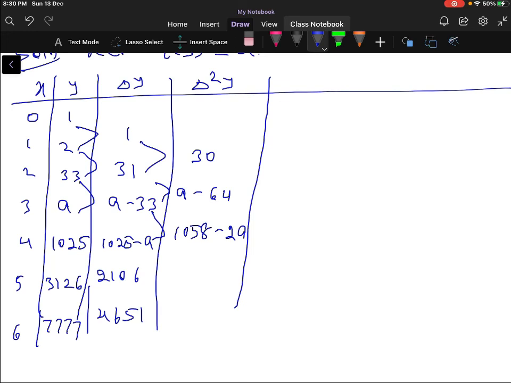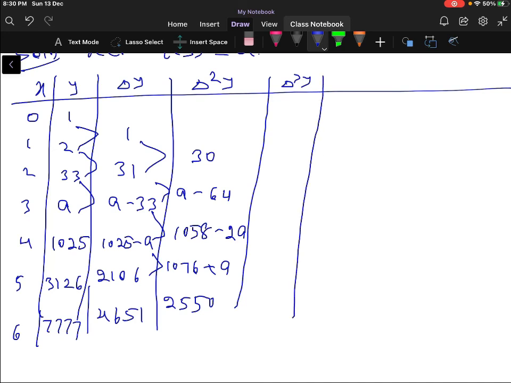Difference of 2106 and 1025 minus a, that is 1076 plus a. So the next difference is 2550. So these are the second forward differences.